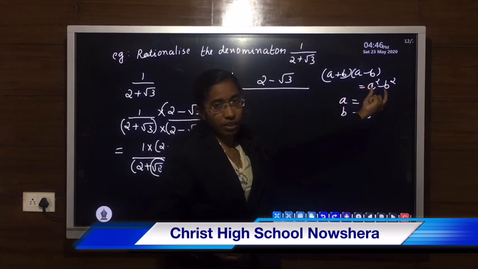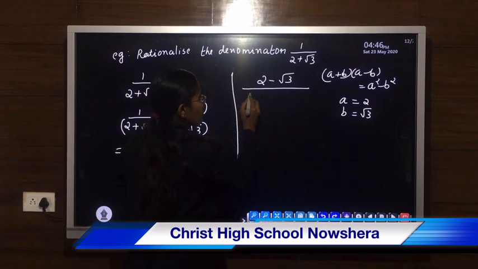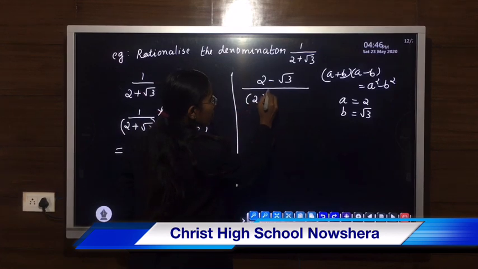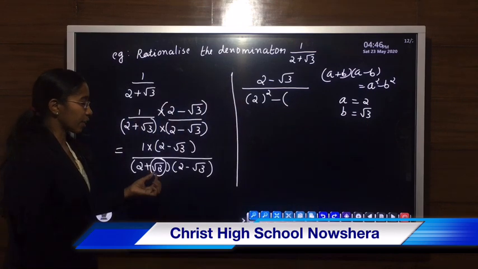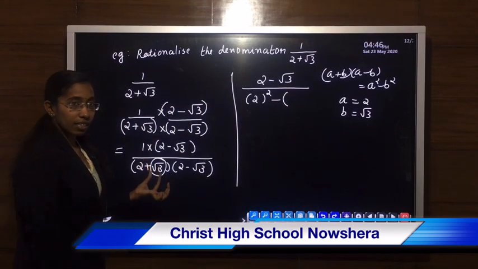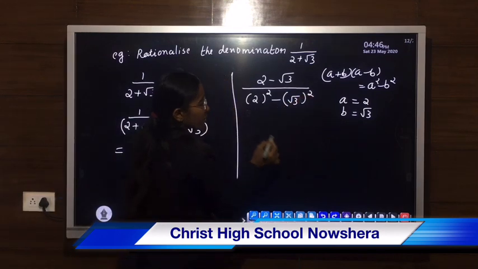Substitute these values in this equation, a square minus b square. That is 2 square minus, what is b? B is root 3, not 3. Our b is root 3, that is root 3 whole square.